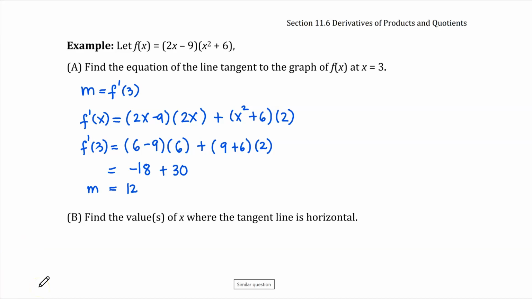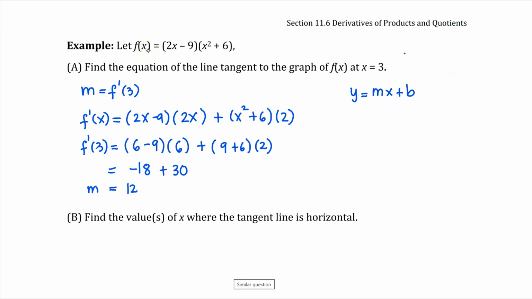Now to find the equation of the tangent line, we will plug in our information to the general form of a line, which is y equals mx plus b. Now our m here is equal to 12, x is equal to 3. We don't have our y here, but we can compute for that y by plugging in 3 to the function here.